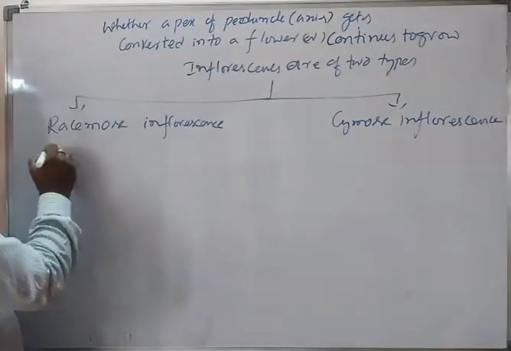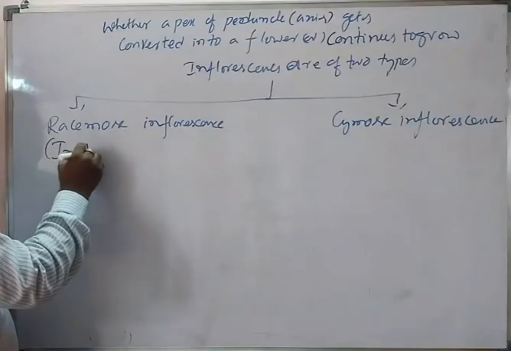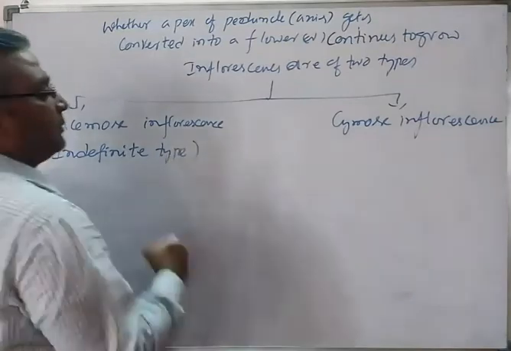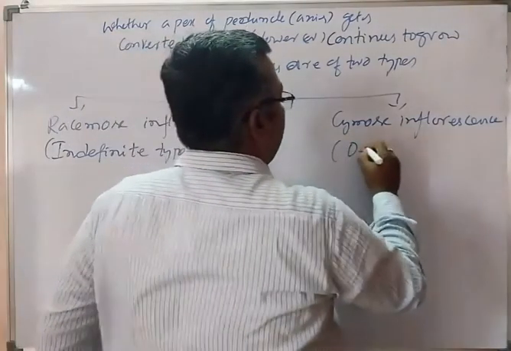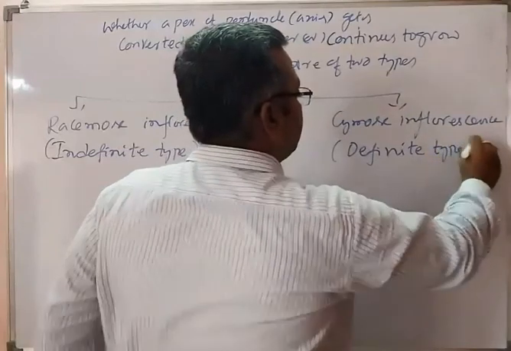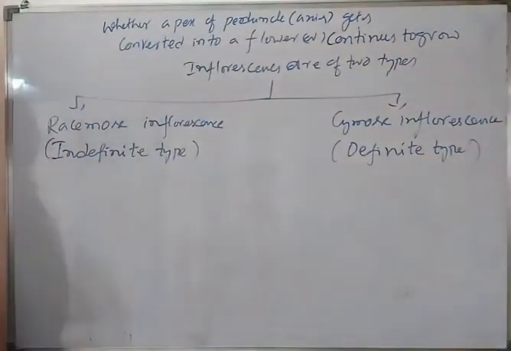Racemose inflorescence is also called indefinite type. Cymose is also called definite type. Cymose inflorescence is also known as definite type. Racemose inflorescence is also called indefinite type.